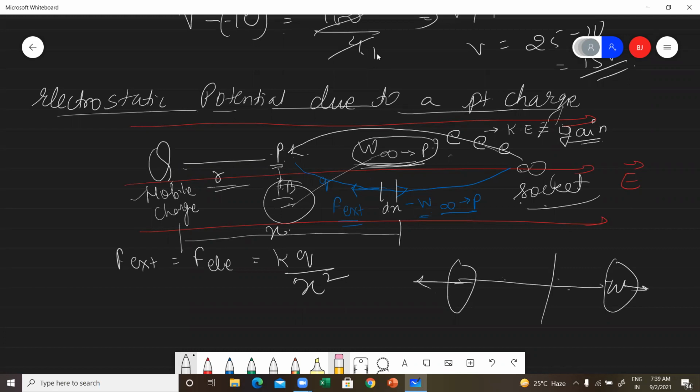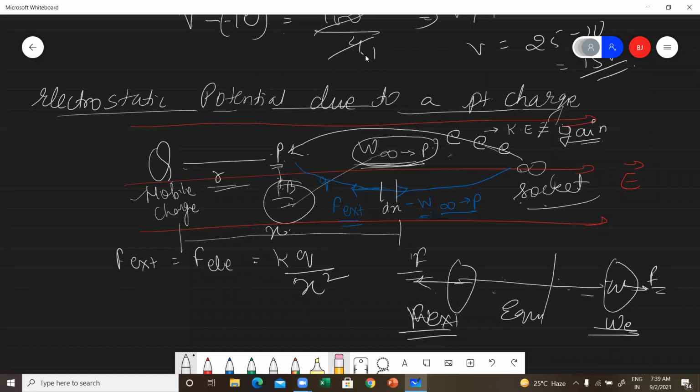Now it is totally in an equilibrium state. Both the forces are in opposite directions, so the body is in equilibrium, right? I hope you have played tug of war. Is it clear? Yes, ma'am. Similarly, this is the work done by my charge, and this is the work done by my external force.